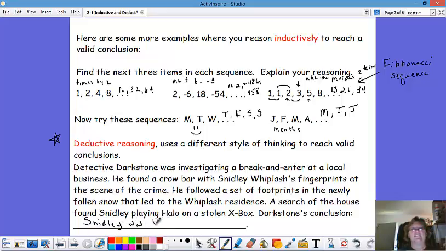Snidely was the thief. Deduction is all about following clues, things that are known to be true. Finds a crowbar, has fingerprints, follows footprints, right? Those are clues, things that are given information, things that you can show have to be true.